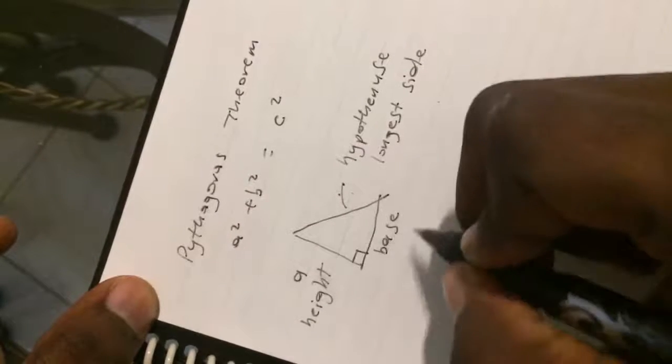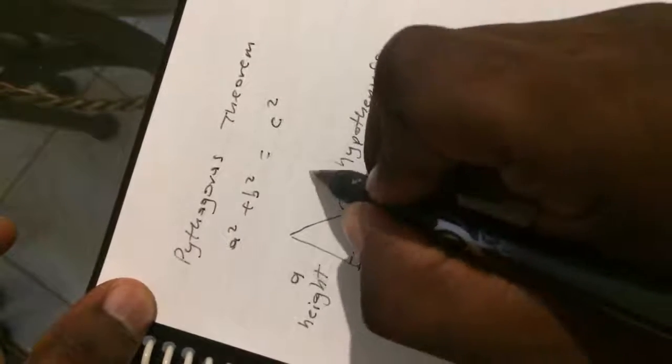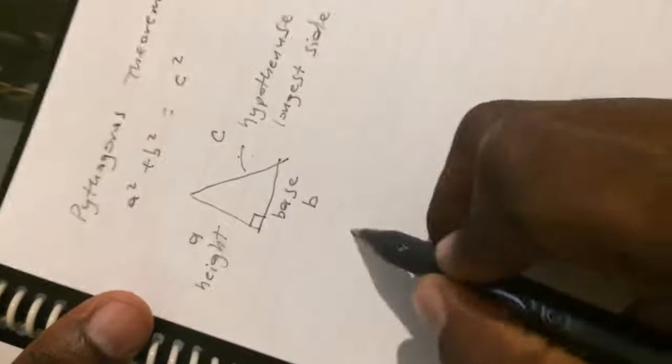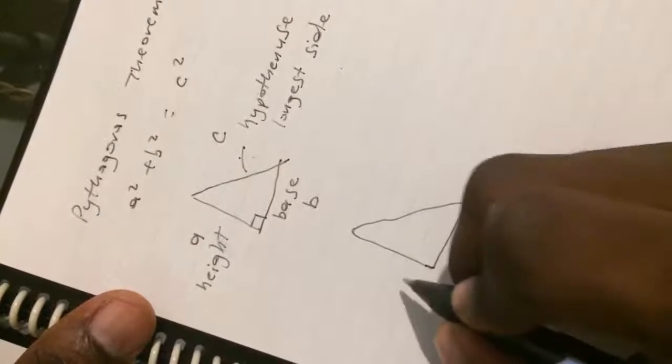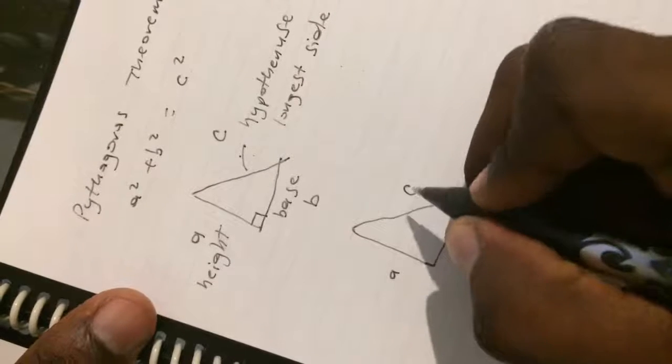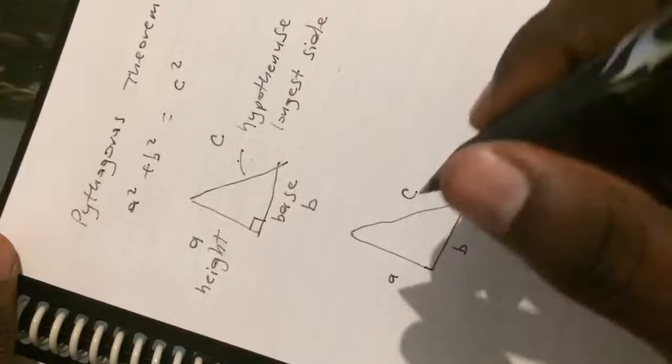How I label it: my a is the height, my base is b, and my hypotenuse is c. Let me draw it under here without the labels. So my base is b, my height is a, and the hypotenuse, the longest side, is my c.